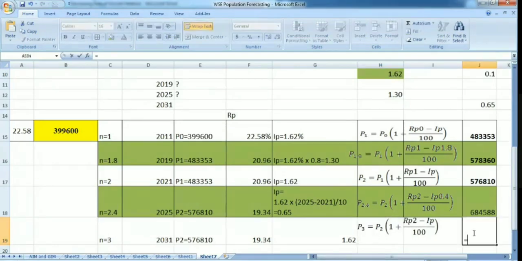That means this is equal to the forecasted value of the previous decade, 5,76,810, multiplied by 1 plus the RP value, 19.34 minus 1.62, divided by 100.